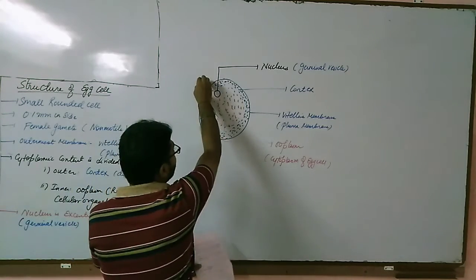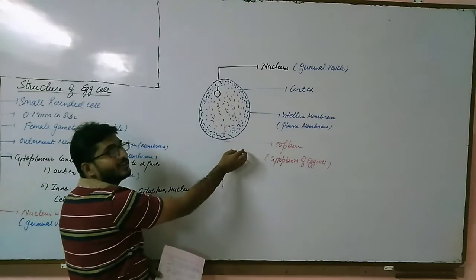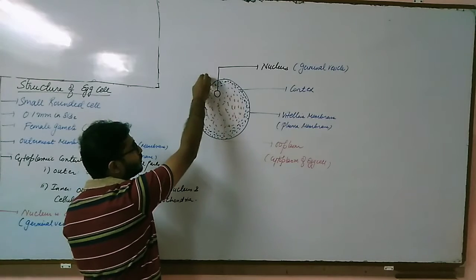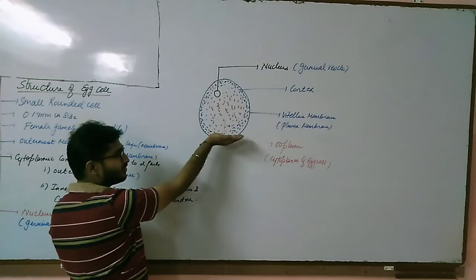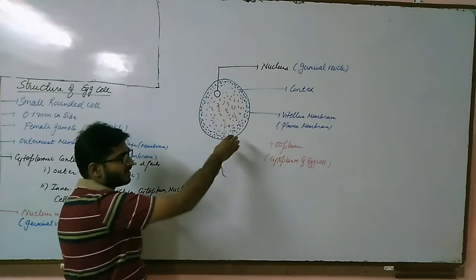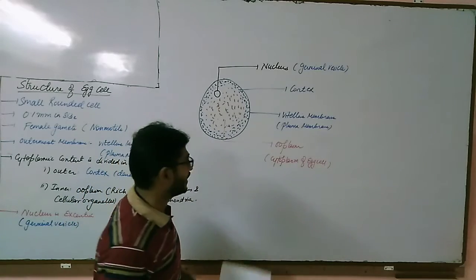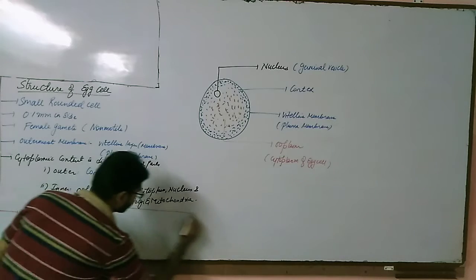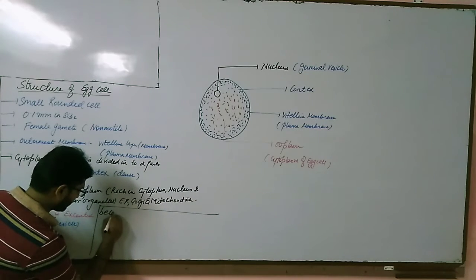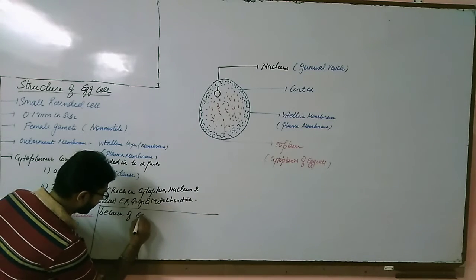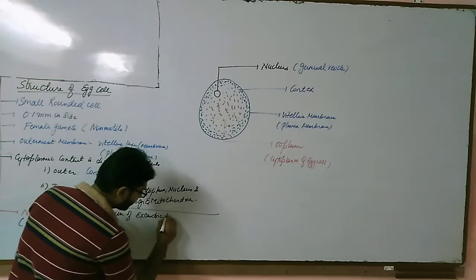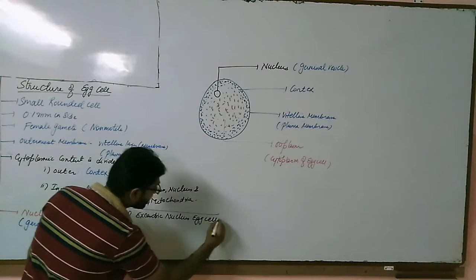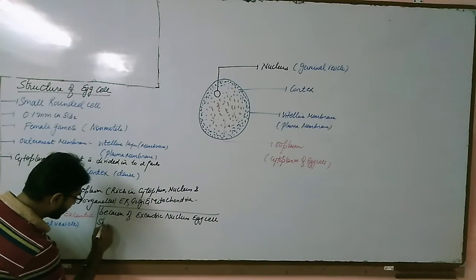So this is the first polarity and this is the second polarity. The first polarity means all the structures that are towards the nucleus and all the structures which are away from the nucleus is the second polarity. So because of eccentric nucleus, egg cell shows opposite polarity.